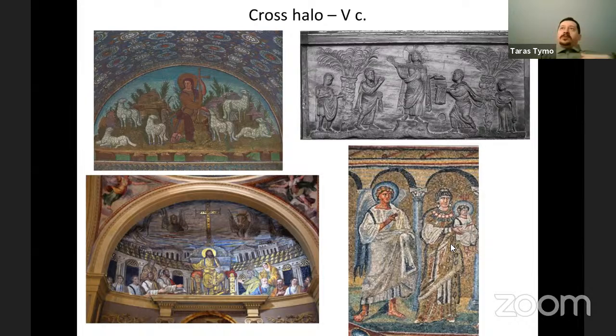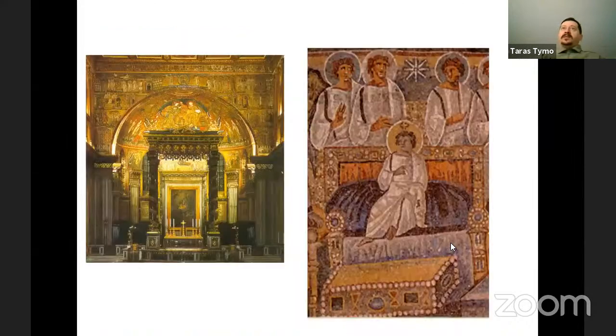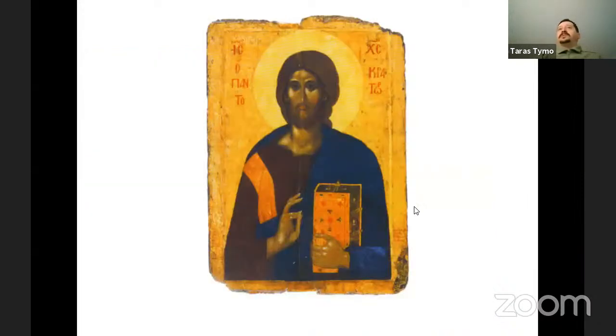So it was then only logical for this cross to come down and be merged with the halo. And as the result, again, you see the cross here. Now it's not above the halo, it's in the halo. And in later presentations, it simply becomes a part of the halo.